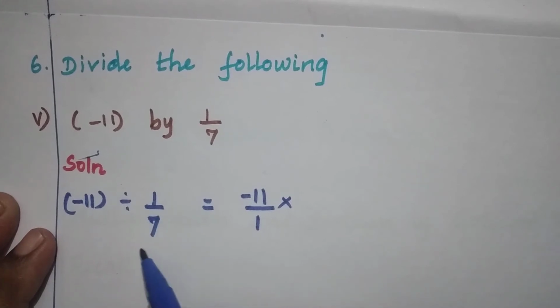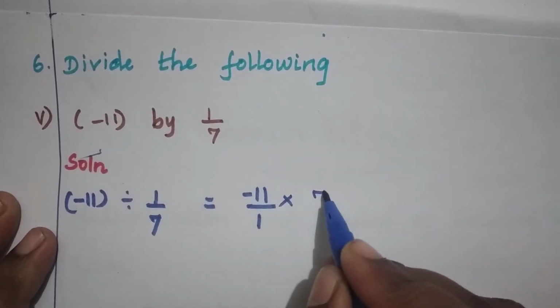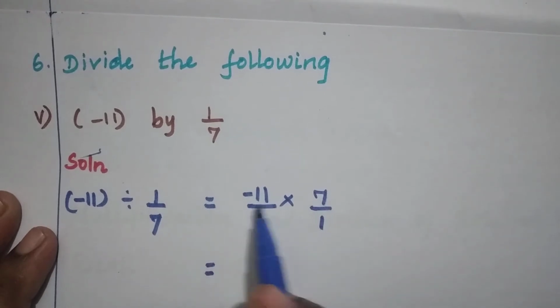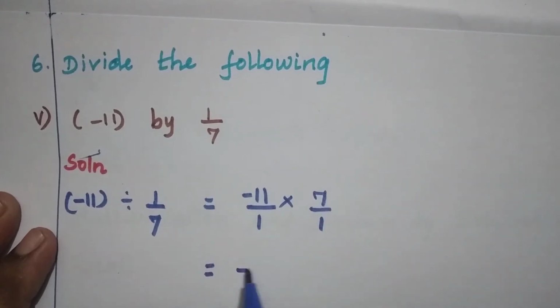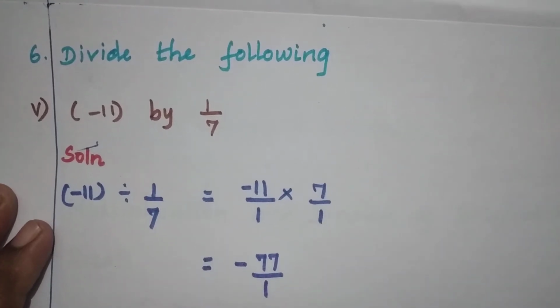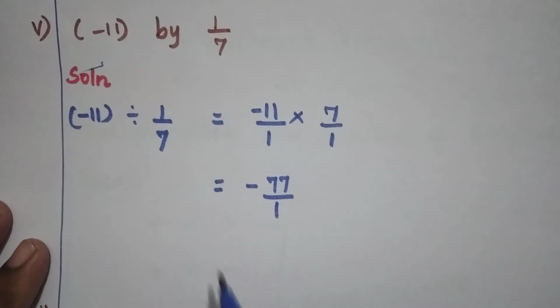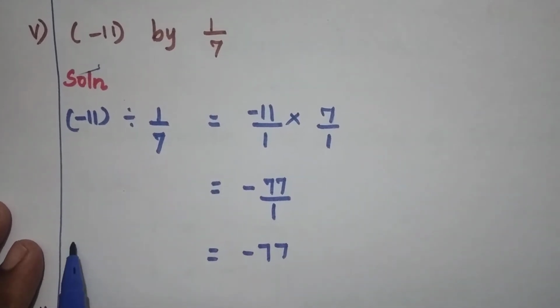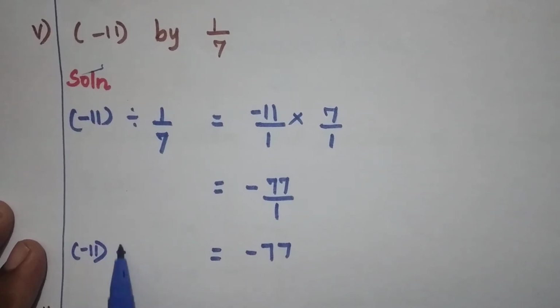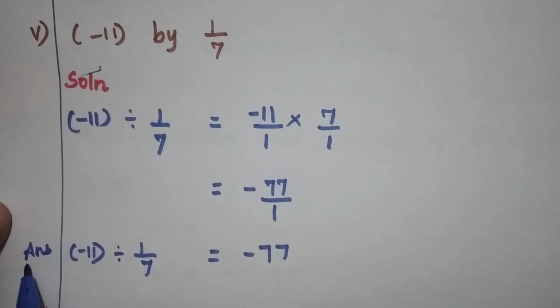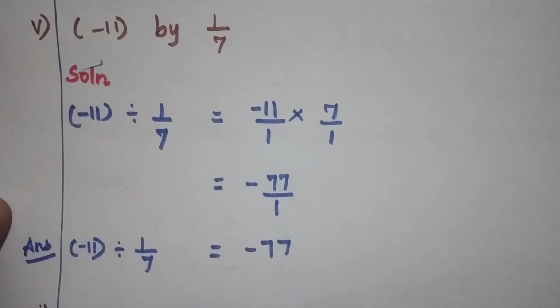What's the reciprocal of 1 by 7? Yes, that is 7 by 1. Here minus into plus is minus 77 divided by 1, which is equal to minus 77. Minus 11 divided by 1 by 7, the answer is minus 77. Is it clear, children? Yes.